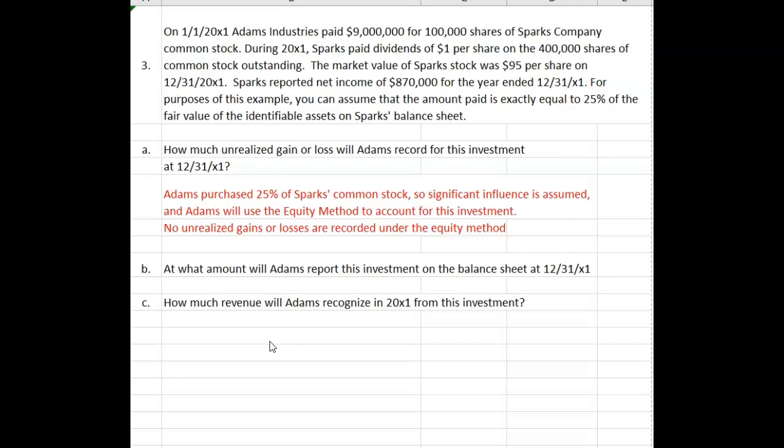At what amount will Adams report this investment on the balance sheet at 12/31/X1?